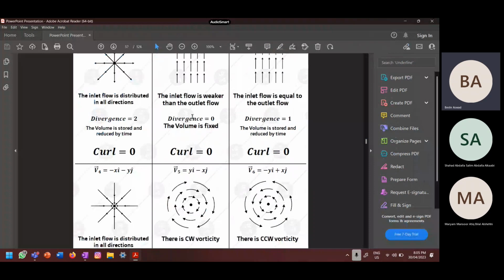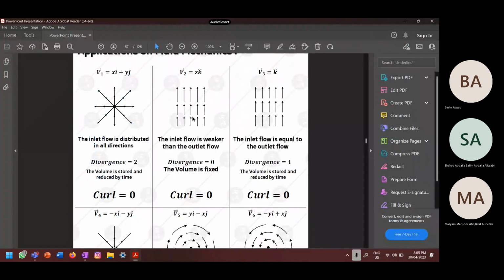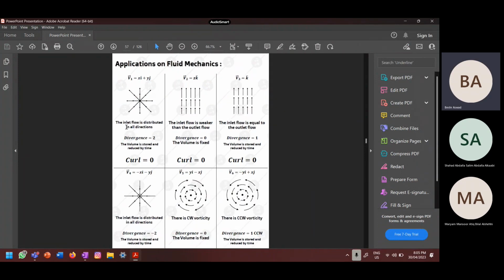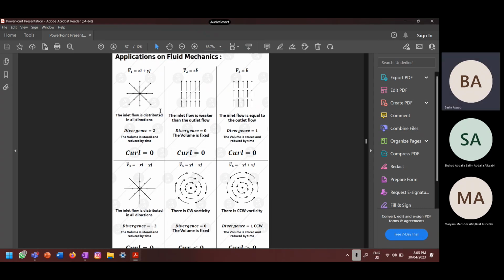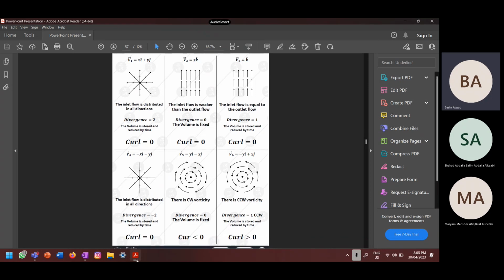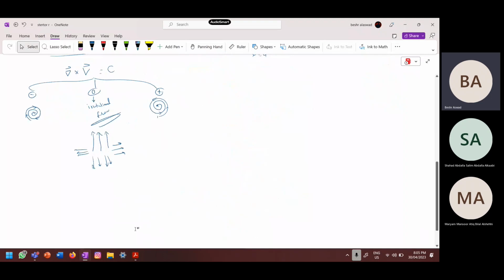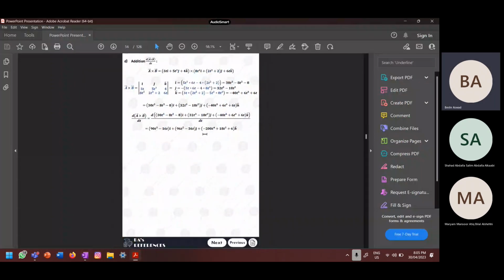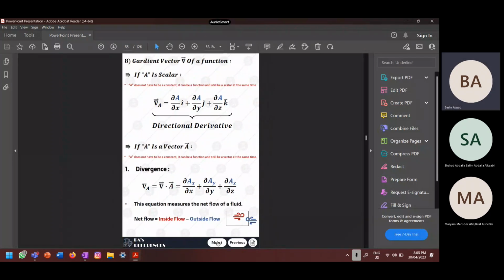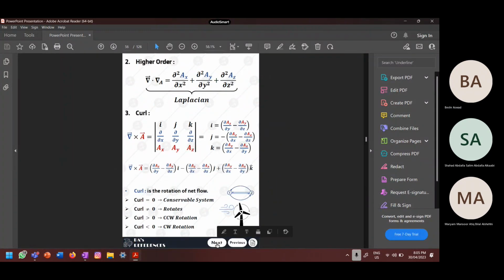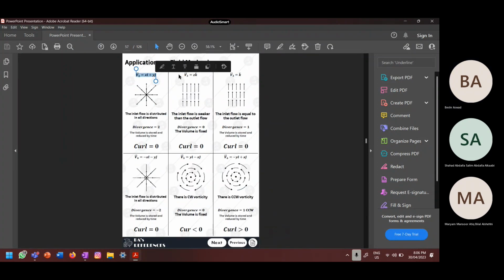This one is shown here in these applications. These are actually the 6 examples that you're going to deal with in this course. I want you to remember these and understand them, and apply the concepts you understood from divergence. I want you to apply the divergence and the curl for each of these flows.